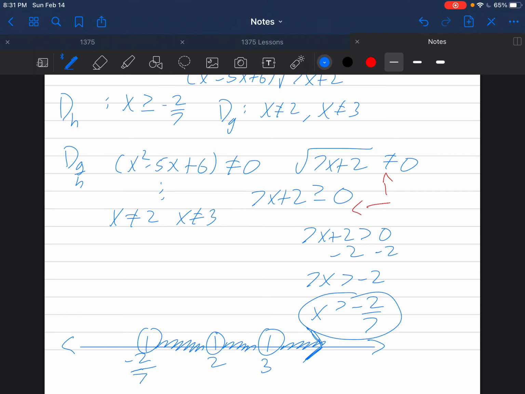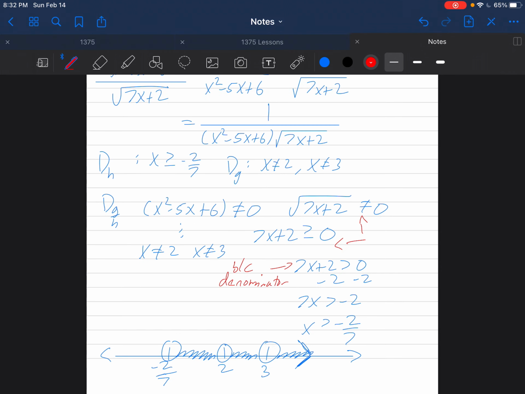Because x is now strictly greater than -2 over 7. Again, to repeat that, normally we set a radicand greater than or equal to 0, but because this radical is in the denominator, 7x plus 2 is going to get set strictly greater than 0 this time.